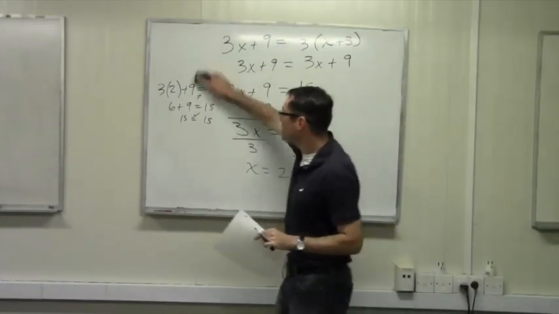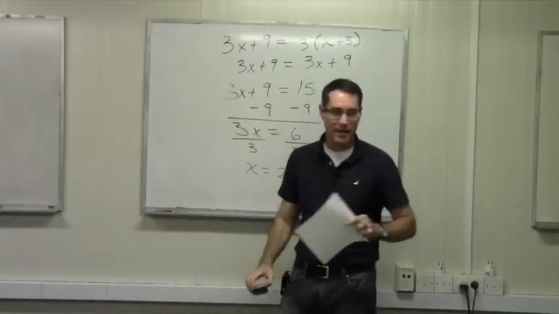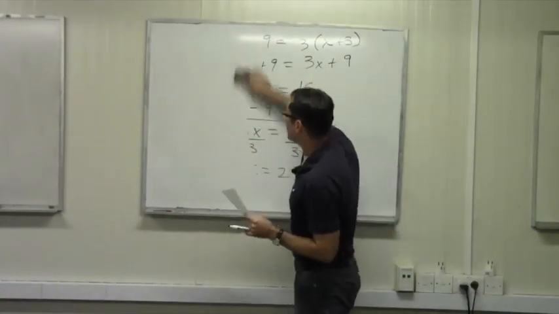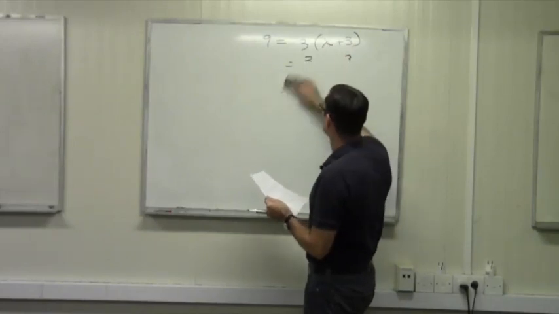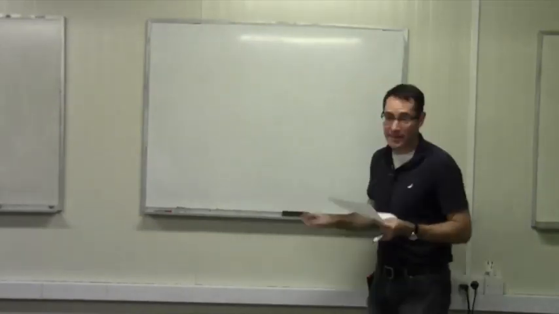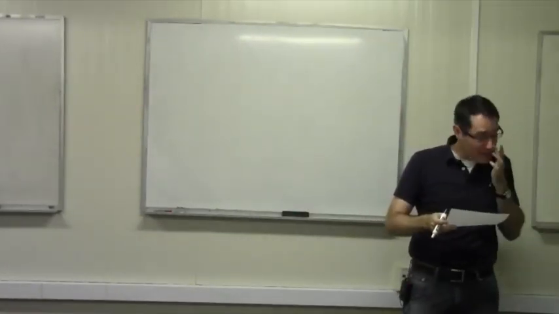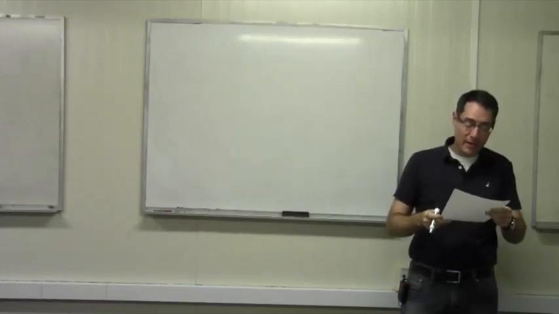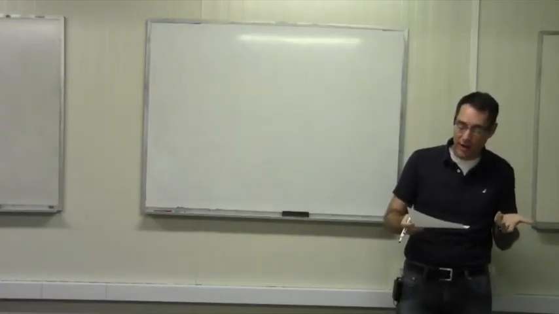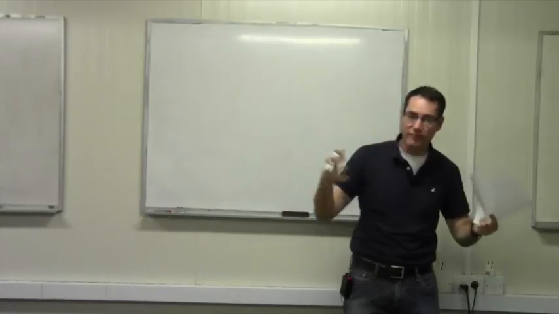What's nice about algebra, if you're the type of person that likes math, is that algebra is a good way to describe a lot of things in the world. This formula is just an equation that describes the relationship between two different things.